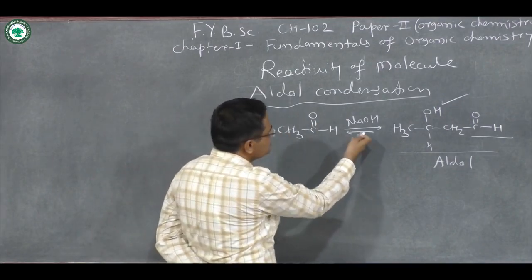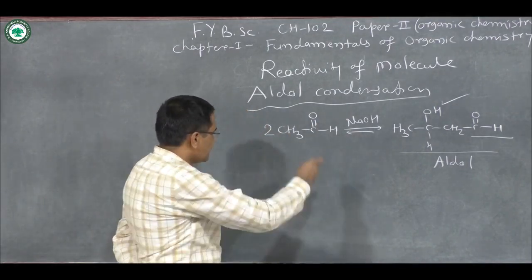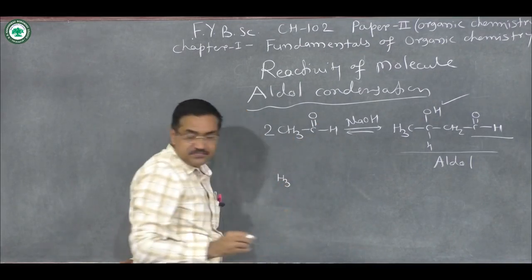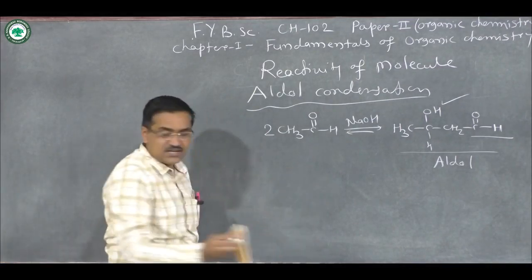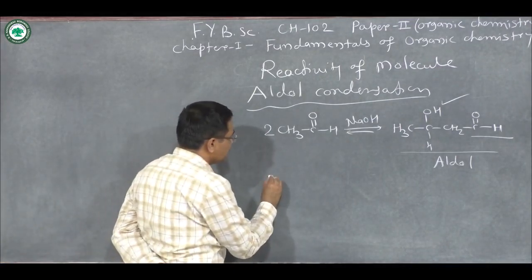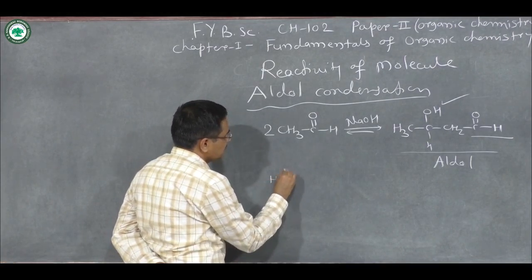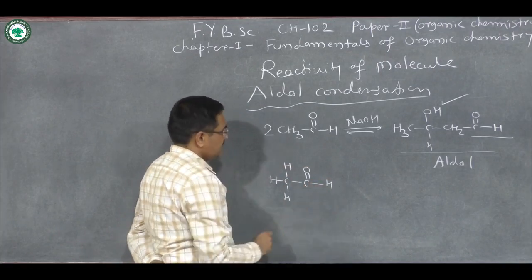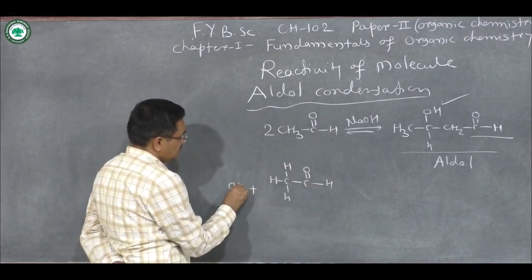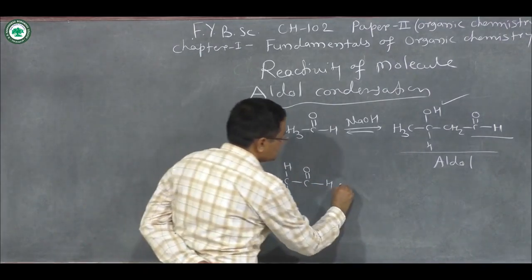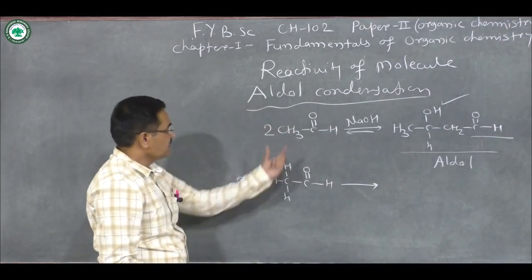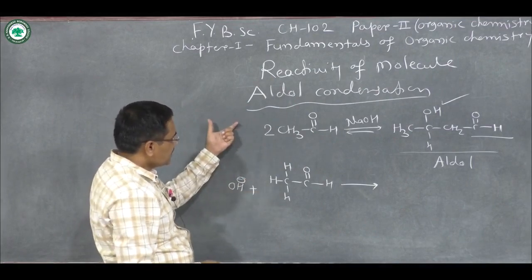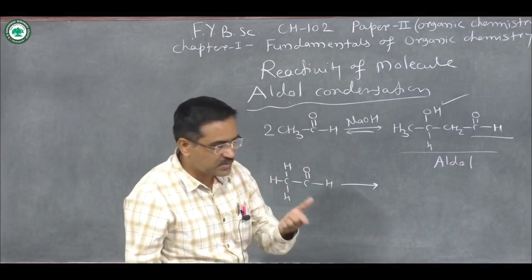Now, for this reactivity of molecule, we consider the mechanism of this aldol condensation here. Now, you know very well about this base catalyzed reaction, and here the main condition is that alpha hydrogen is required for this reaction, in presence of base. Now what happened here? Now what is the relation between this reactivity and the different effects?